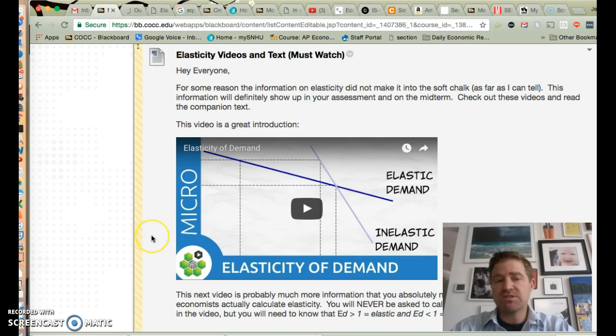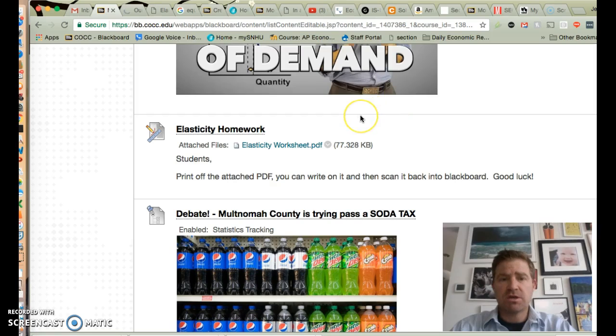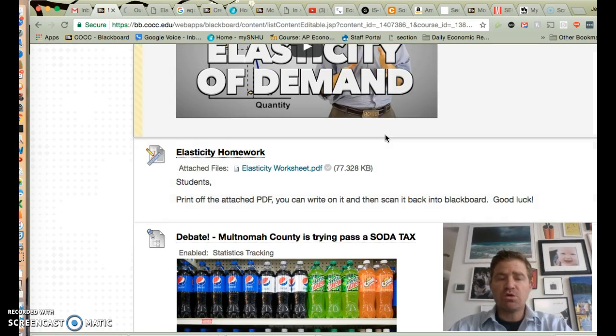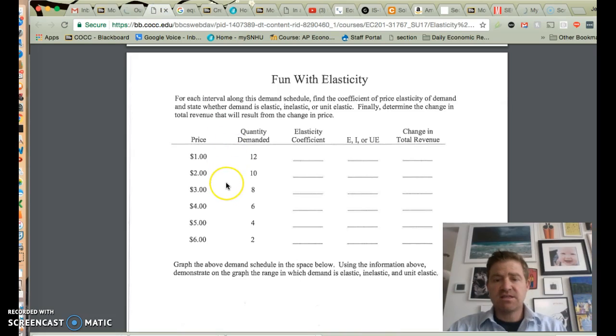But the problem comes in with calculating it. So I wanted to address some concerns that are probably going to come up. So if I can get this to scroll down just a little bit. This computer's acting a little strange. There we go. So when you look at the elasticity homework, it looks like this.